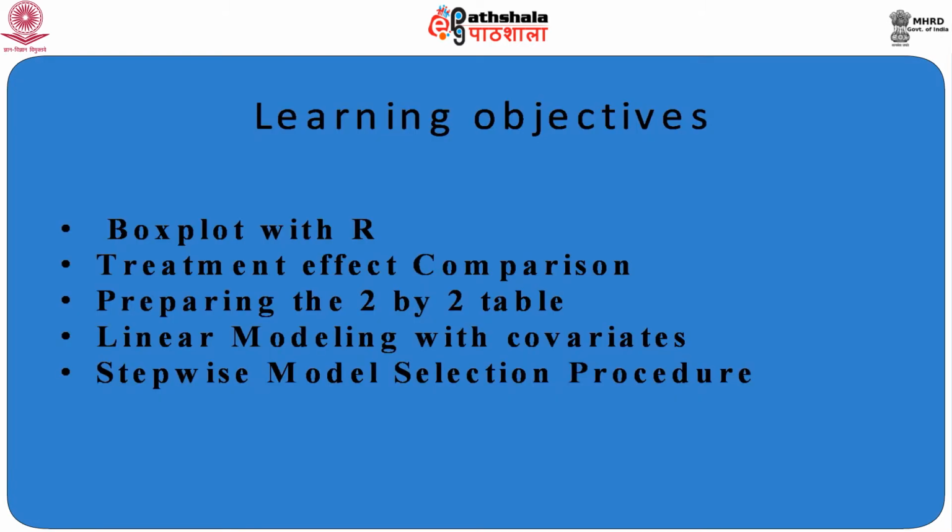In this module, we will see how to get a box plot with R, the inference about the box plot in R, treatment effect comparison, preparing the 2x2 table, linear modeling with covariates, and stepwise model selection procedure.